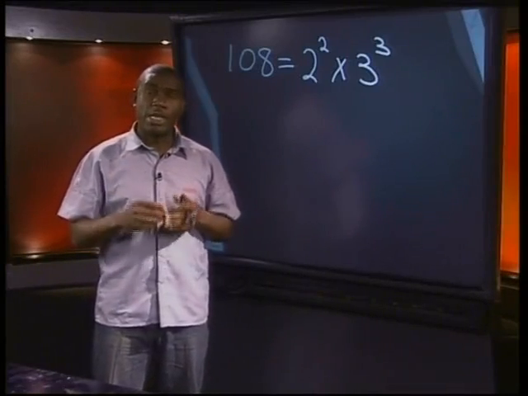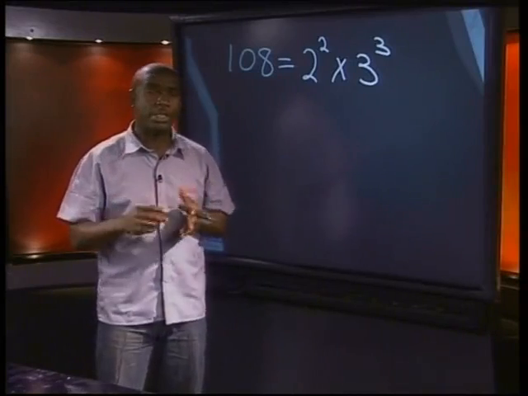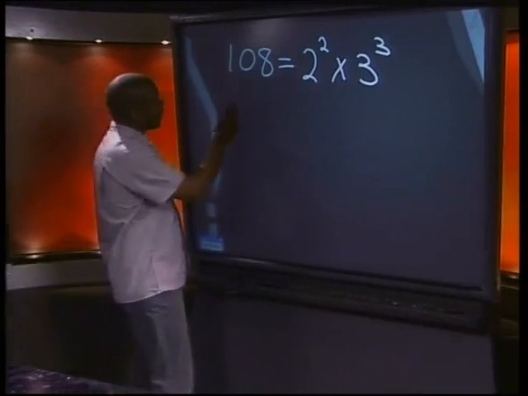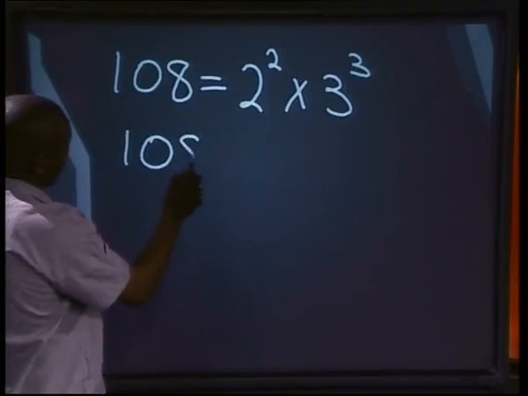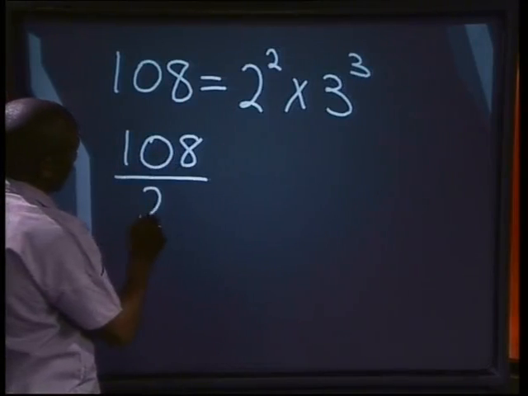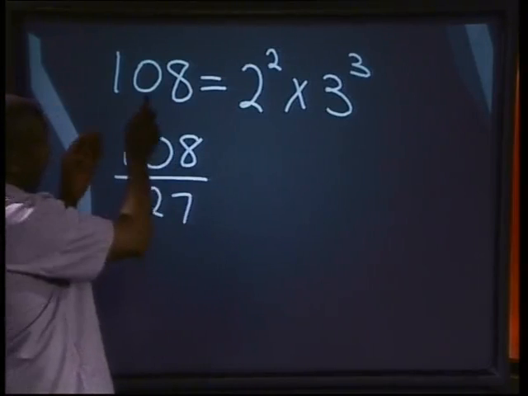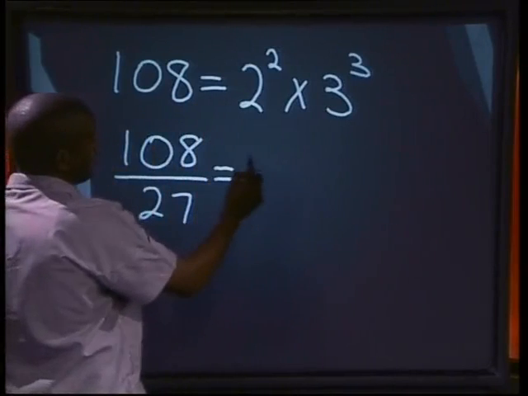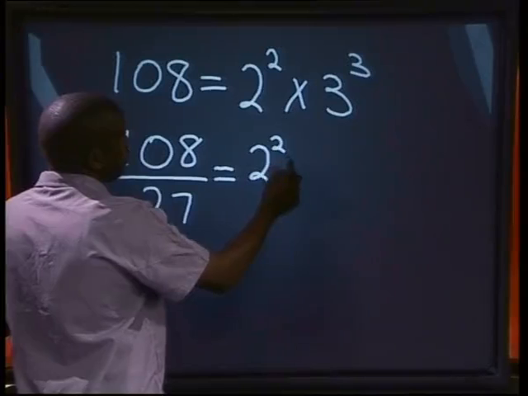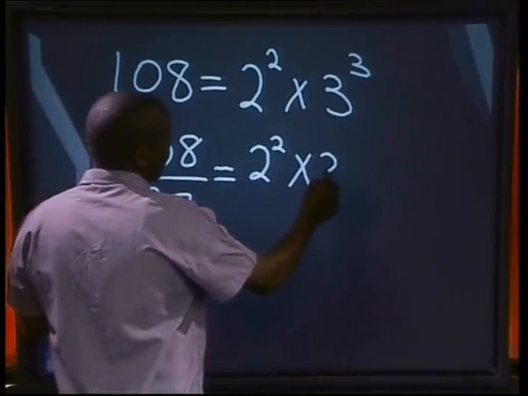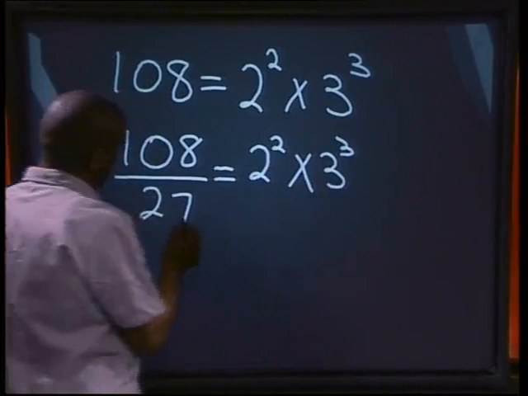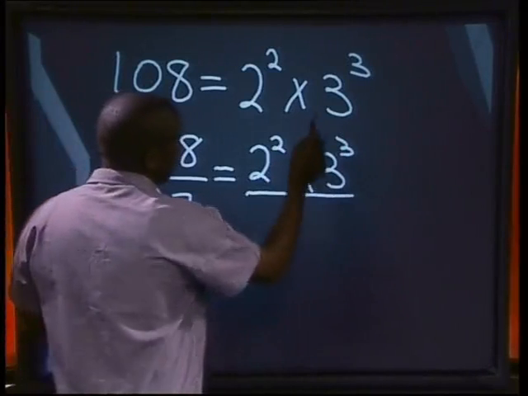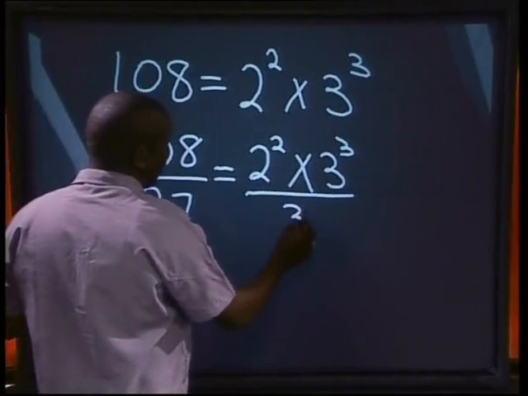For example, let's see if you can calculate 108 divided by 27. Remember we said 108 will be the same as 2 to the power of 2 multiplied by 3 to the power of 3. 27 will be the same as 3 to the power of 3.